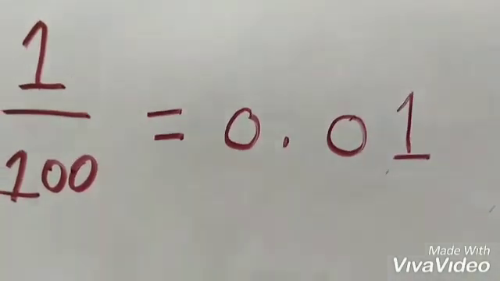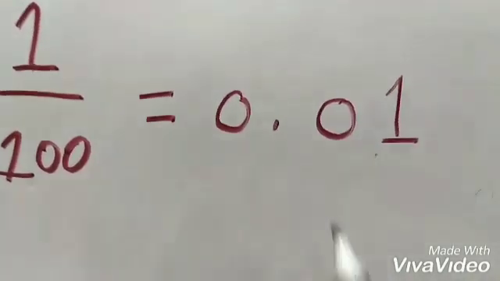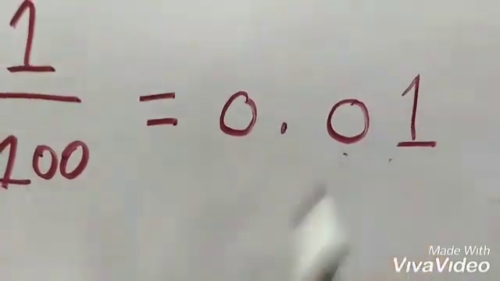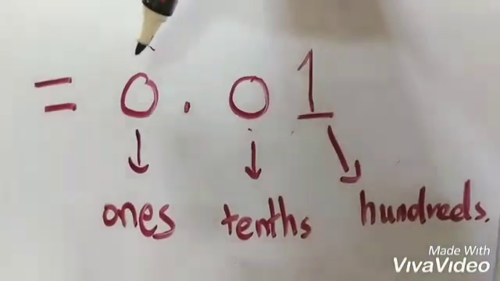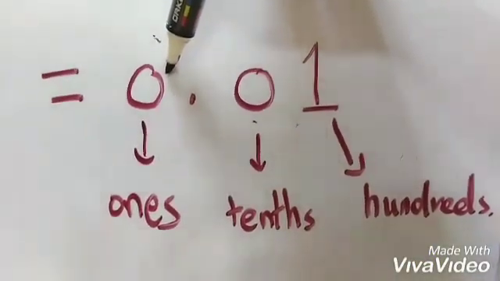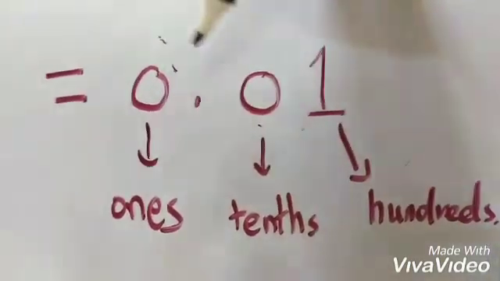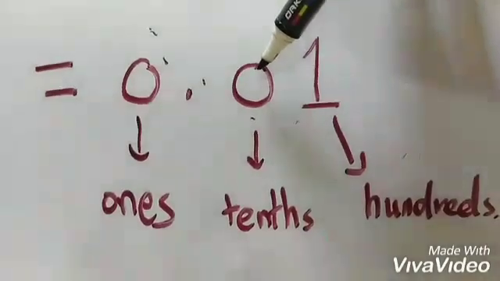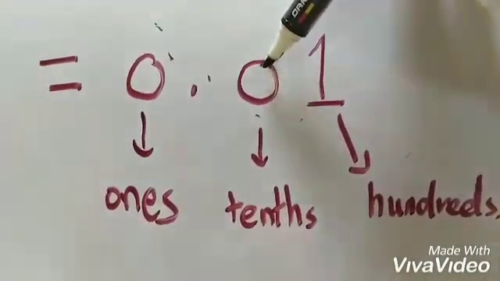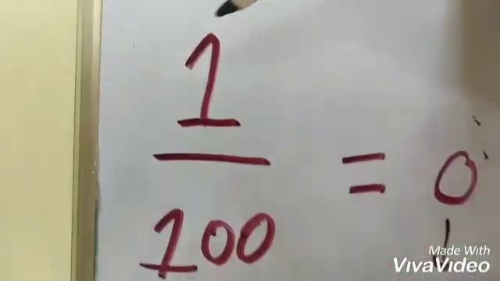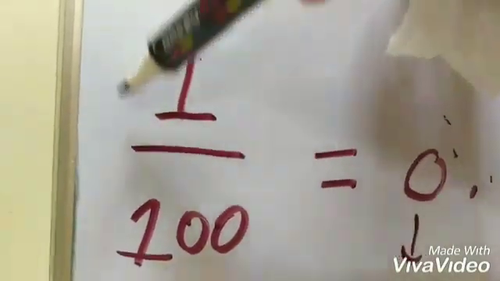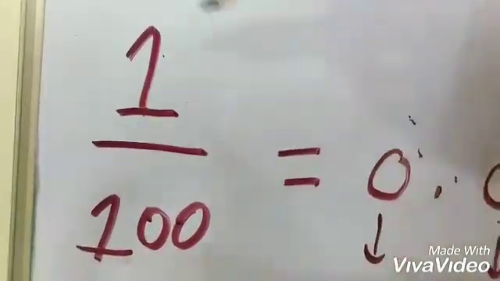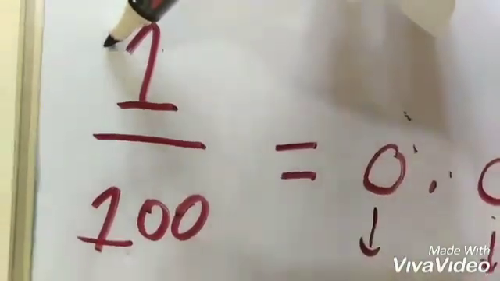Some of you may ask me, why do we have to write 0 in this place? The answer is, this 0 shows the ones or the unit place. This dot shows the decimal point. This 0 is for the tenths place. If you look back again at the fraction, you can find that we have only the number 1 and there is no tenths here.